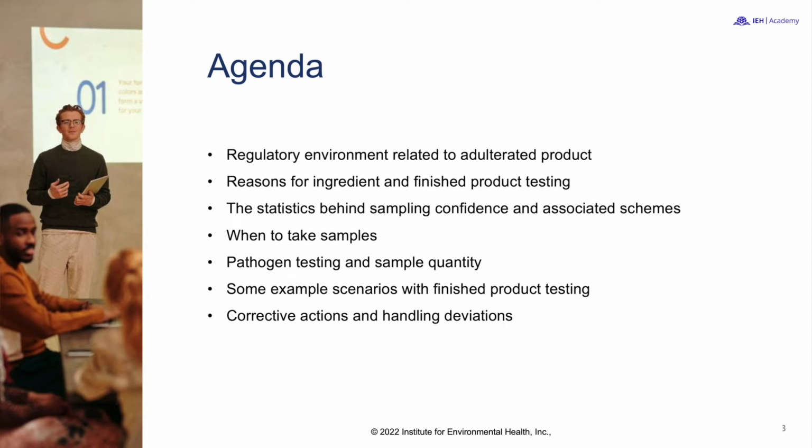If you have a poor sampling plan and a great test method, you're still going to get a poor result. It's really very important to get the sampling plan right. If you don't have a good chance of finding the target pathogen in your sample, then it really doesn't matter how sensitive your test method is.